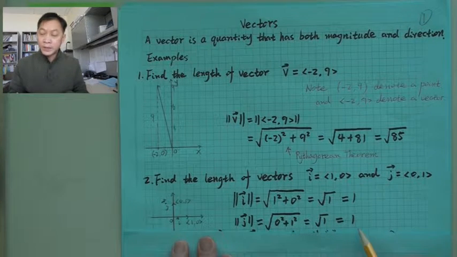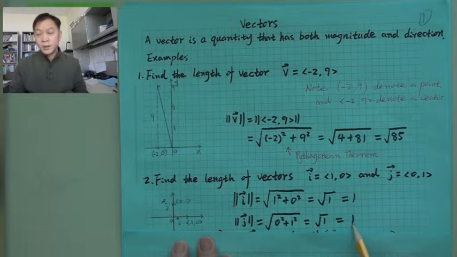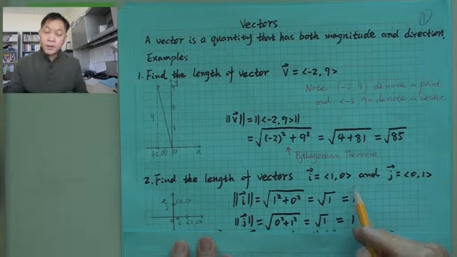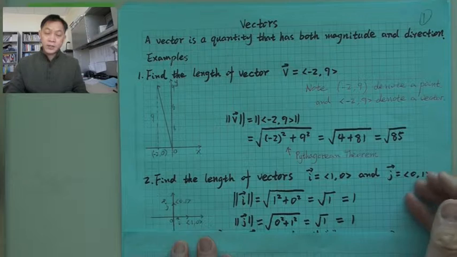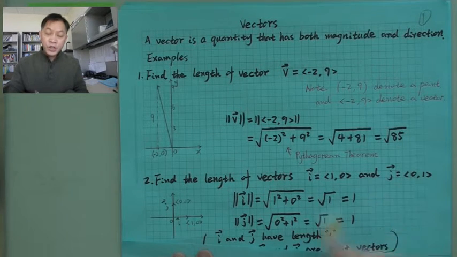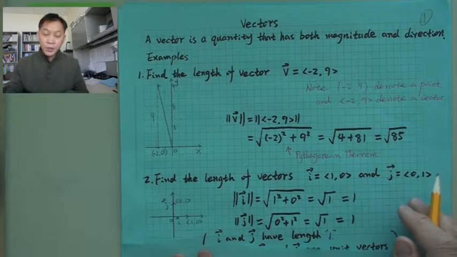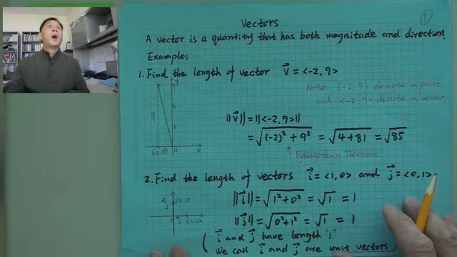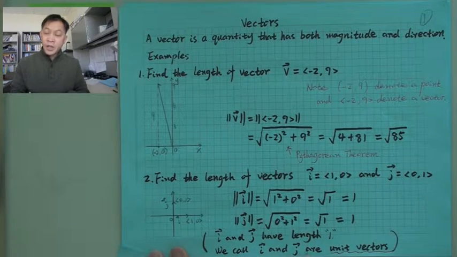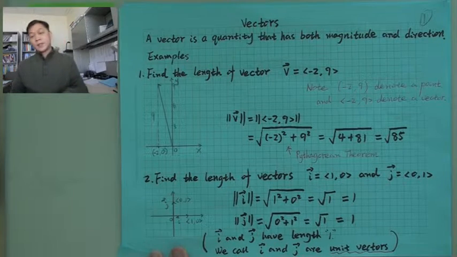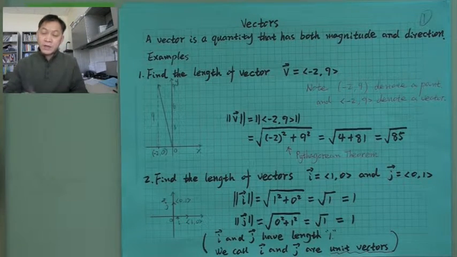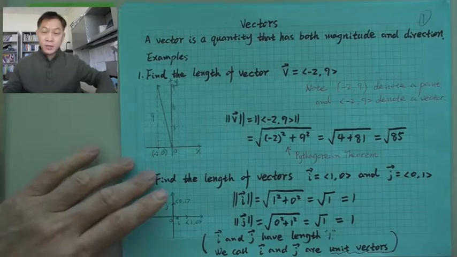Since the lengths of those two vectors are 1, i and j have length 1. We call i and j unit vectors. A unit vector means the length is 1.